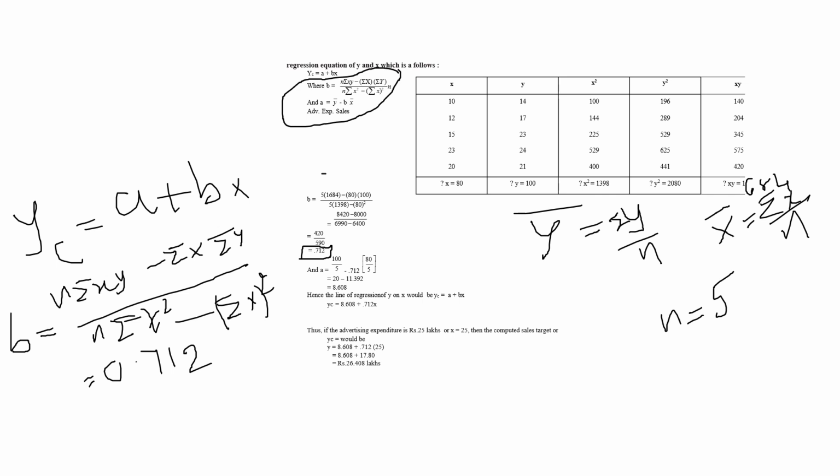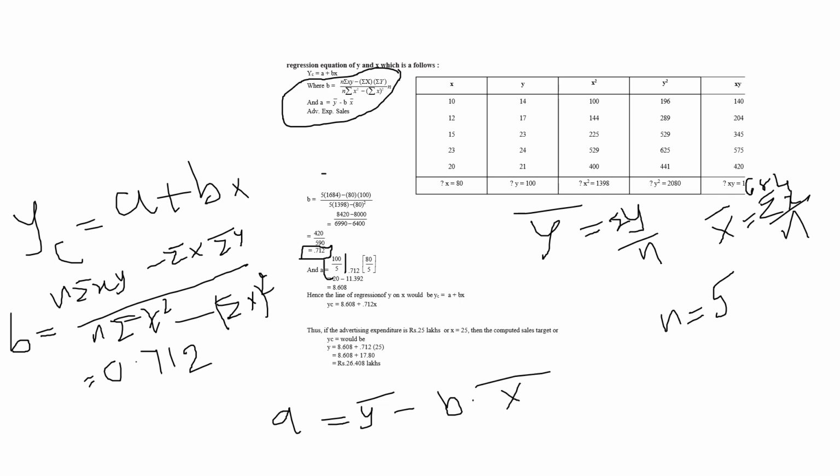Then for a we need to find out. For a, what they have told: a is equal to y bar minus b x bar. So y bar is 100 by 5, right? What is the formula: a is equal to y bar minus b into x bar.